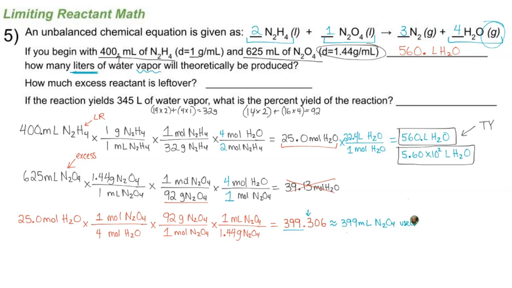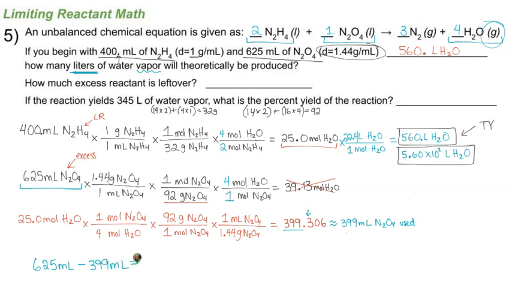So now we just need to figure out the excess, and we'll do that by subtracting the amount used from our original amount, the 625 milliliters that we started with. So 625 milliliters minus 399 milliliters.